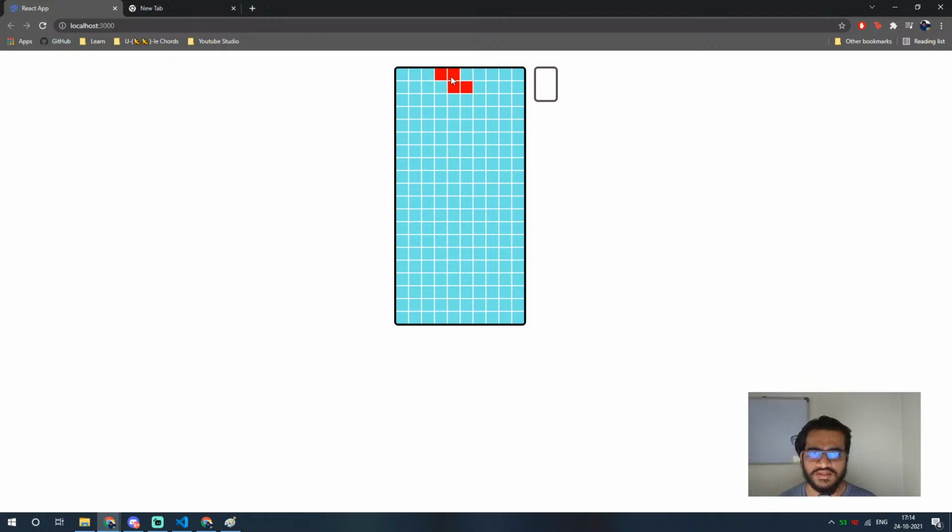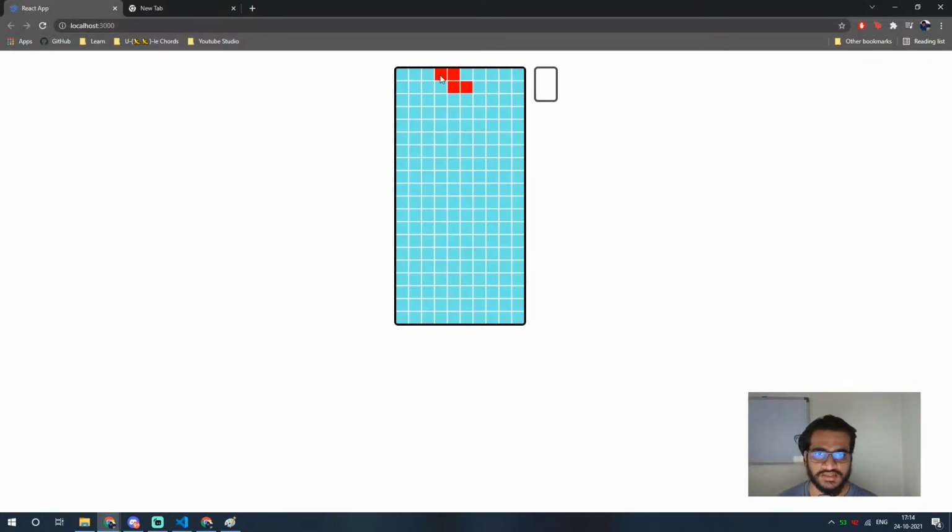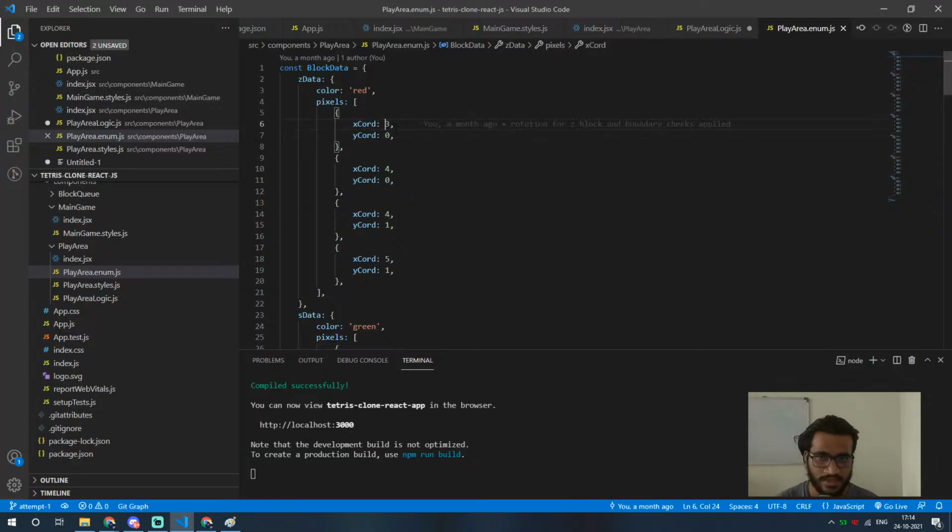So that's how it is making this shape, right? So let's shift this. Let's add 10 to the x-axis. I think 10 would be fine, because it is easy to type, nothing else.